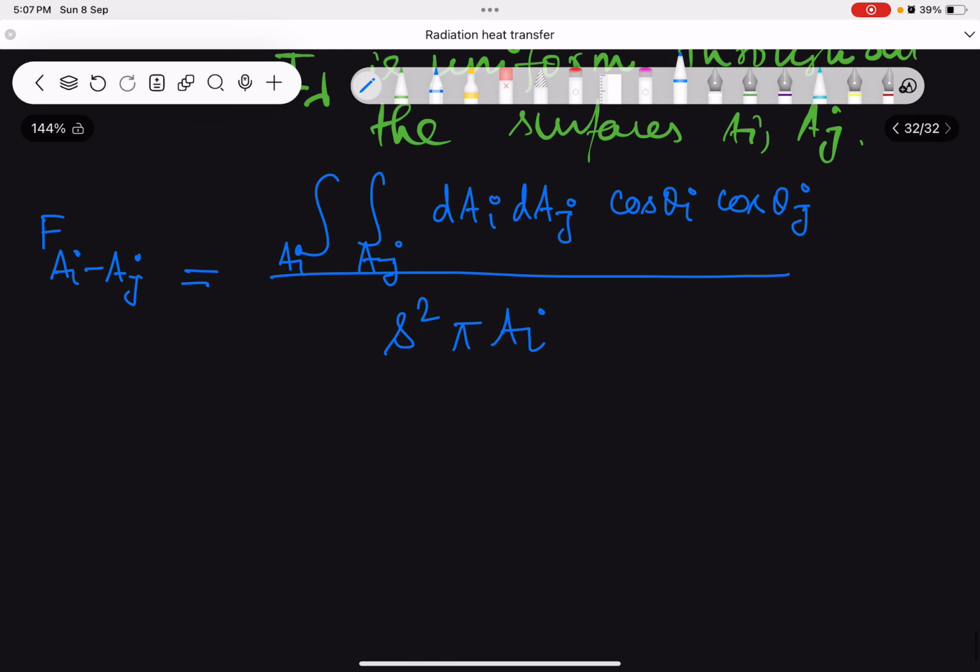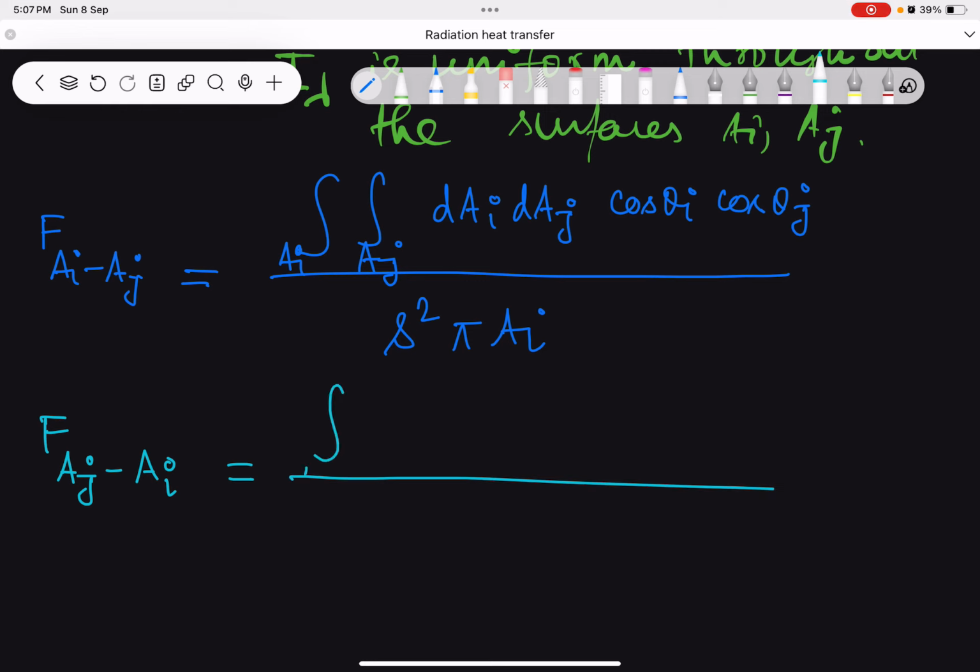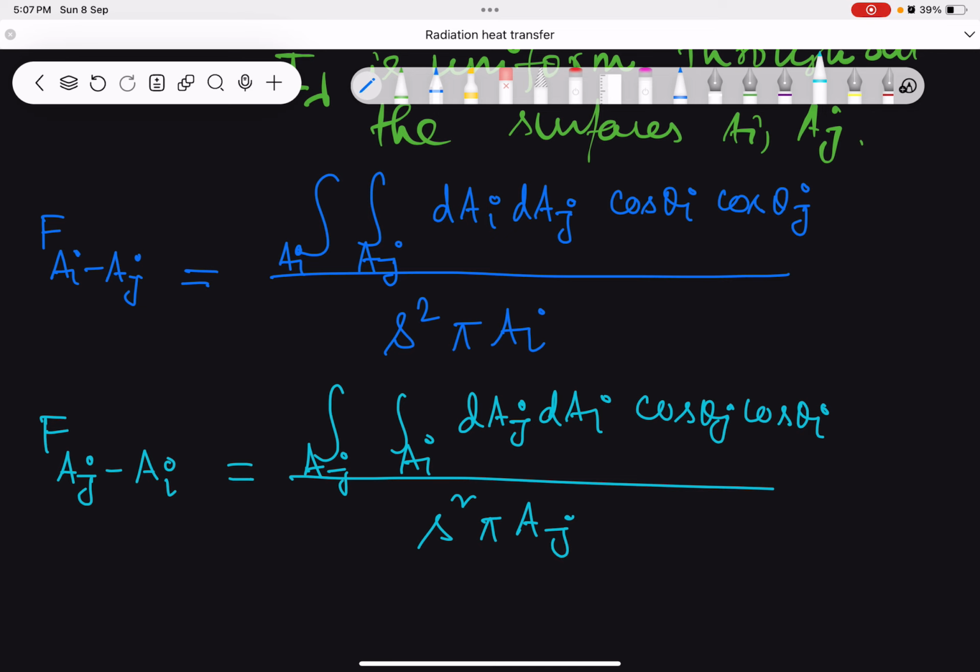Okay, so finally, can you write just one final thing? Sometimes you also have to help your friend, right? So you just swap Aj and Ai. F AjAi is equal to 1 over Aj, double integral of cos theta j cos theta i over S square pi dAj dAi.